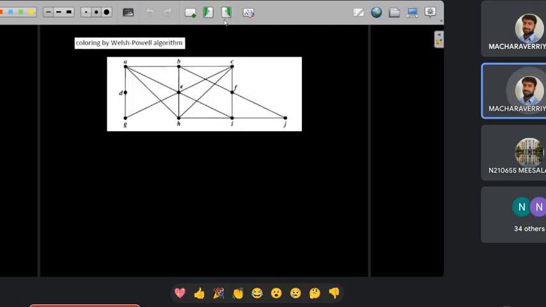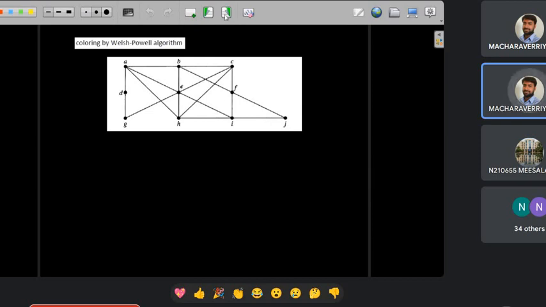Now let us look at an algorithm which helps us to color these graphs. That algorithm is known as Welsh-Powell's algorithm. In it, initially you need to write the vertex list and the degree list in a non-increasing order.